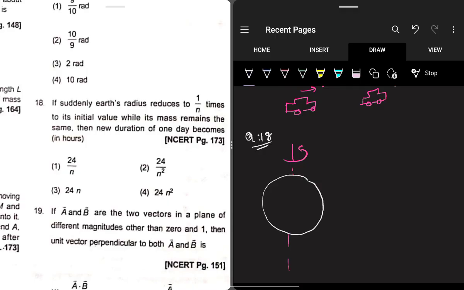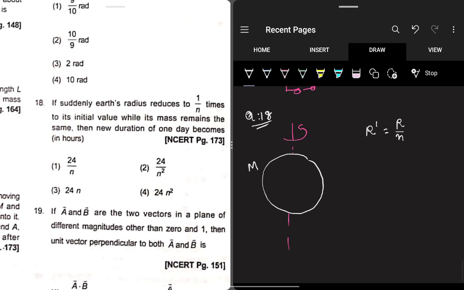Here the radius is becoming 1 by n times its initial value, while its mass remains the same. The new duration of the day becomes what? That is what is required here.